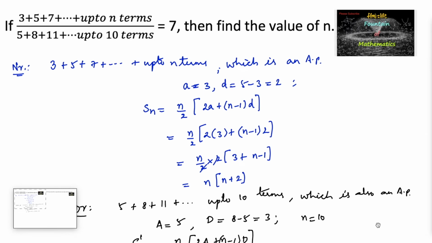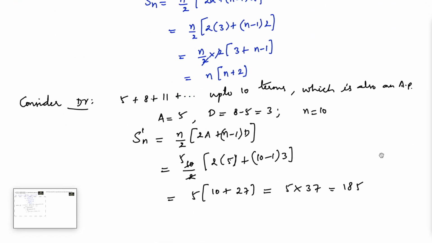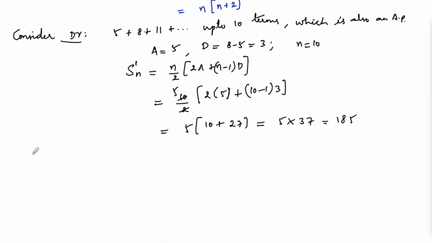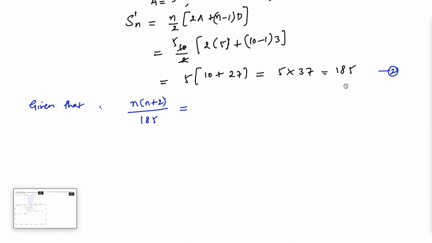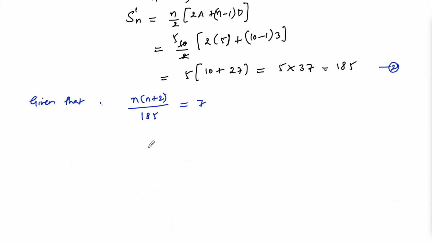So given that the numerator upon denominator is equal to 7, so n into n plus 2 upon 185 is equal to 7, the ratio given.